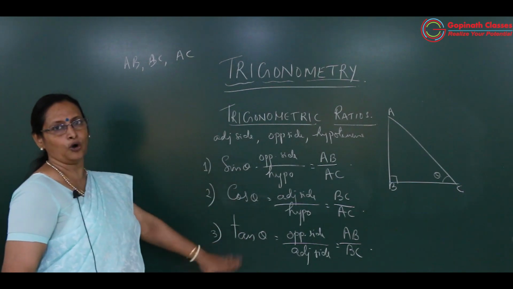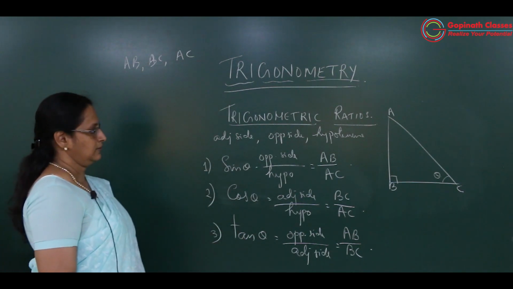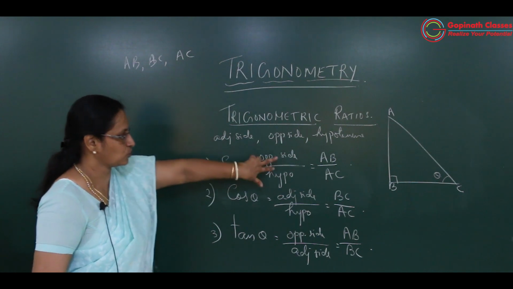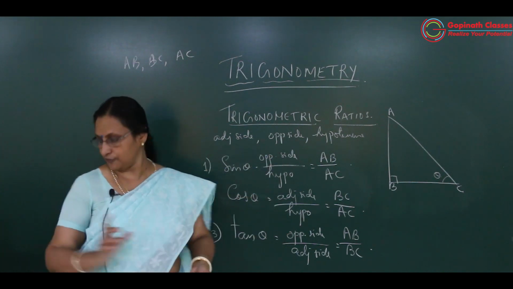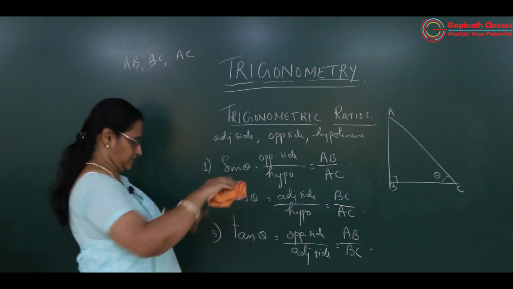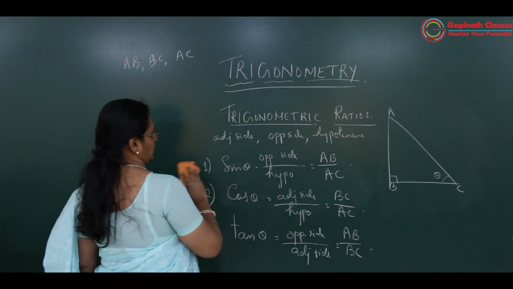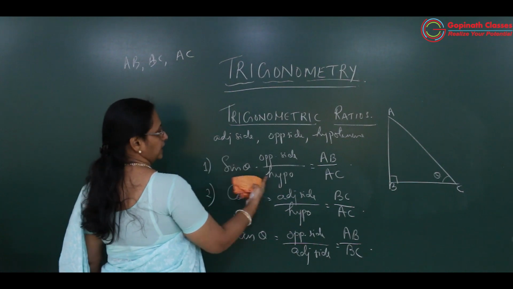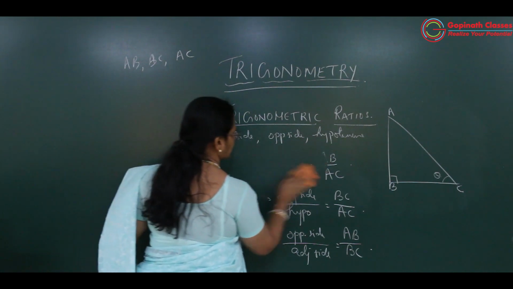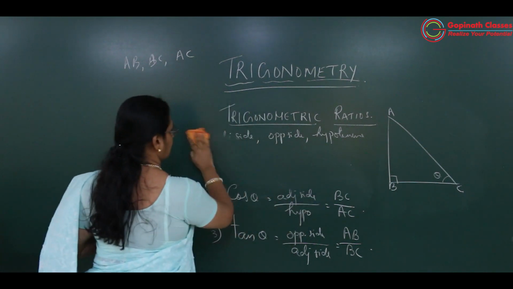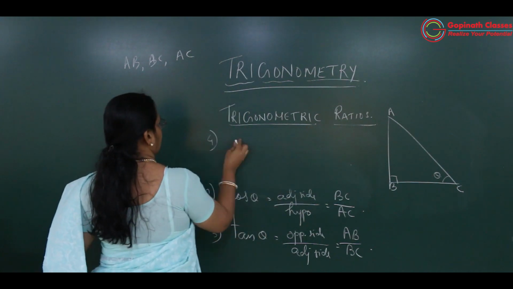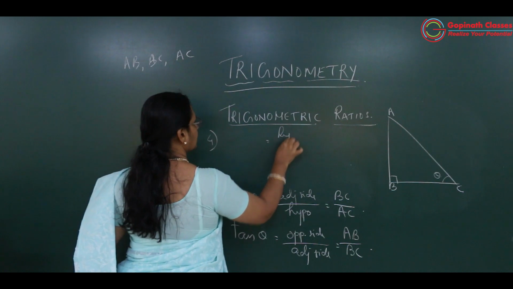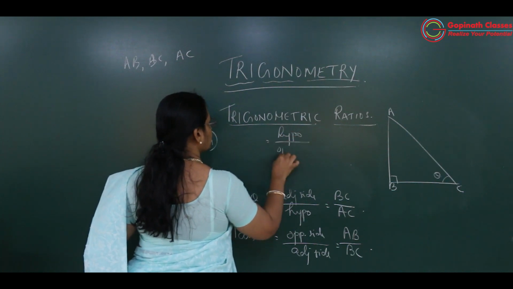Now let's take all these reciprocals. So we will invert this, invert this, invert this. So we'll get the three reciprocal ratios. Now the fourth one is hypotenuse upon opposite side.